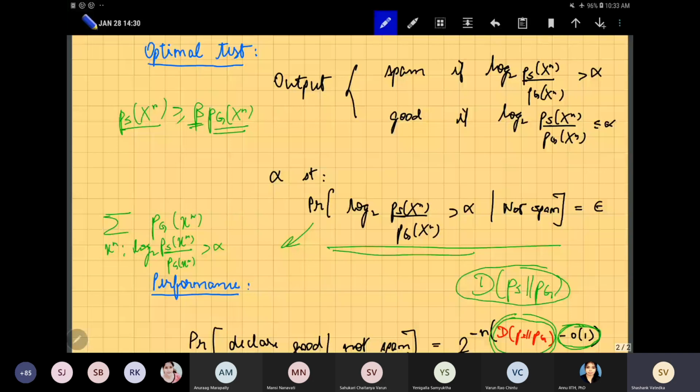One way to do this, again not an efficient way, is to look at all possible x^n's satisfying this property, list them in decreasing order of P_G probability, and then choose the top few such that their sum is equal to epsilon. So that is one approach to do it.